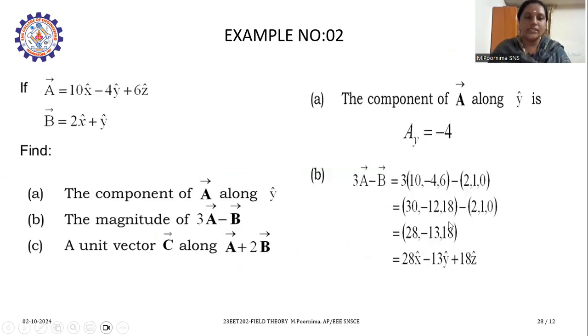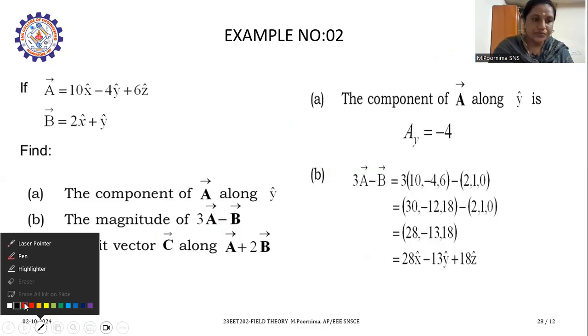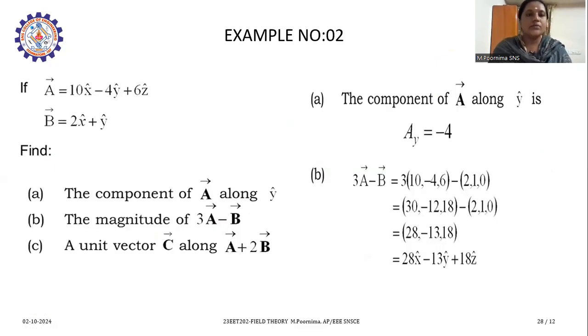Here comes a small example. We are given two vectors: vector A is equal to 10x minus 4y plus 6z, and vector B is 2x plus y.